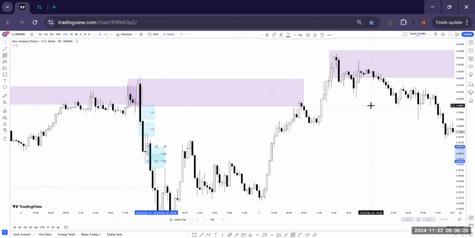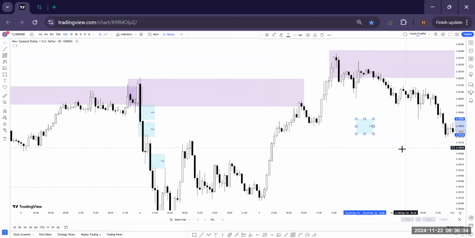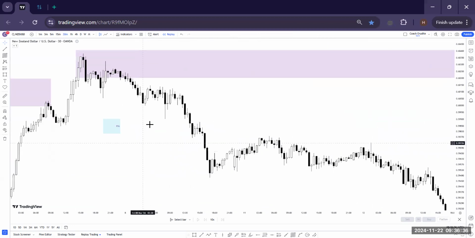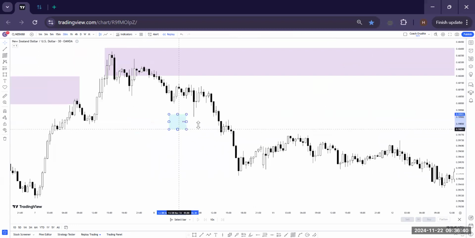We have another one. There's another block here I did not mark, which price respected. Here's another block and a volume. I forgot to mark it.